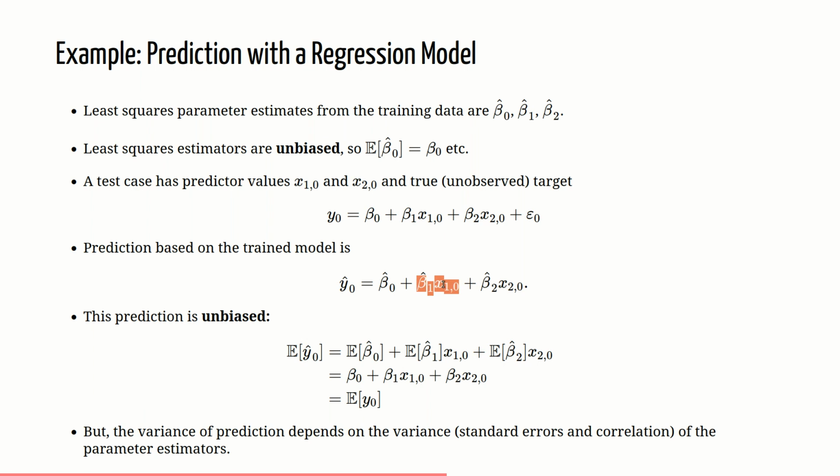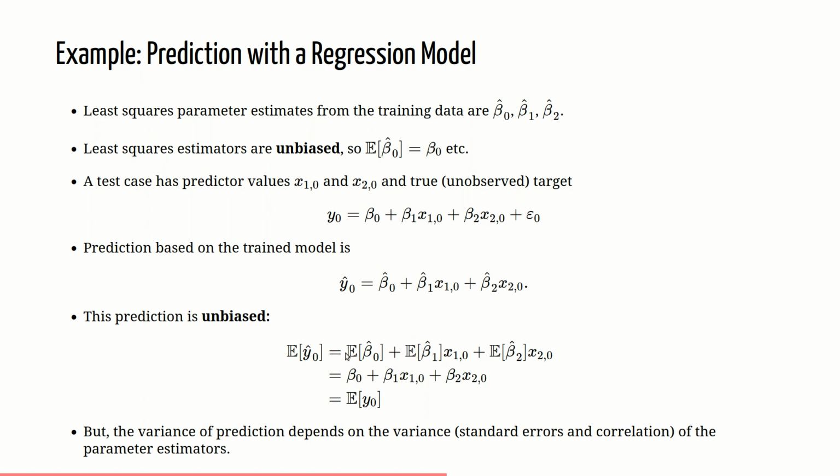Then x is not random. It's a fixed value from our data, whereas beta hat 0, beta hat 1 and beta hat 2 are random variables because they come from a sample. Choose a different sample, you're going to get a different realization of these random variables. So the expectation of this product is just a constant times something random, so it's the expectation of the random thing times the constant.